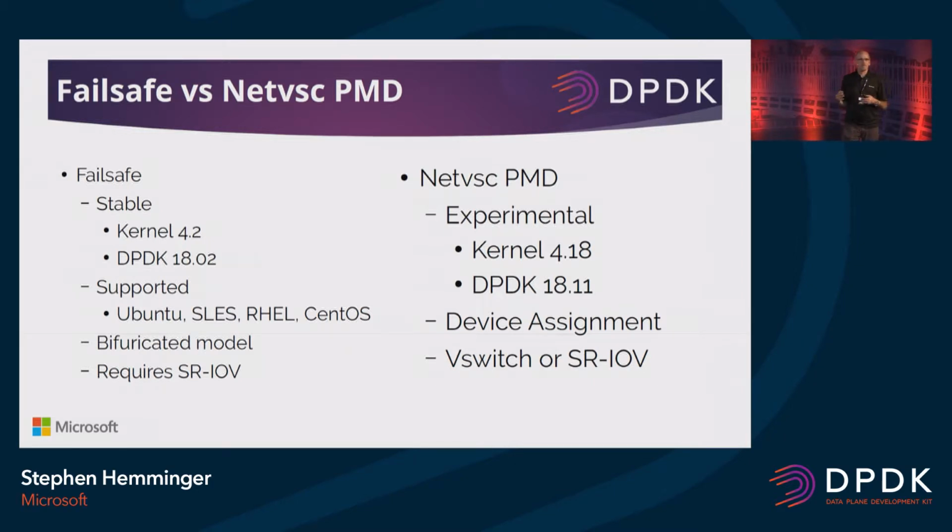It uses a bifurcated model, which means that the network devices show up both in the kernel and in DPDK. And to use the failsafe model requires SR-IOV. So basically it only works if you have the device pass through. Now, it doesn't need that device to be active. For example, to do maintenance, it's quite common that briefly we'll take the VF away from the guest.